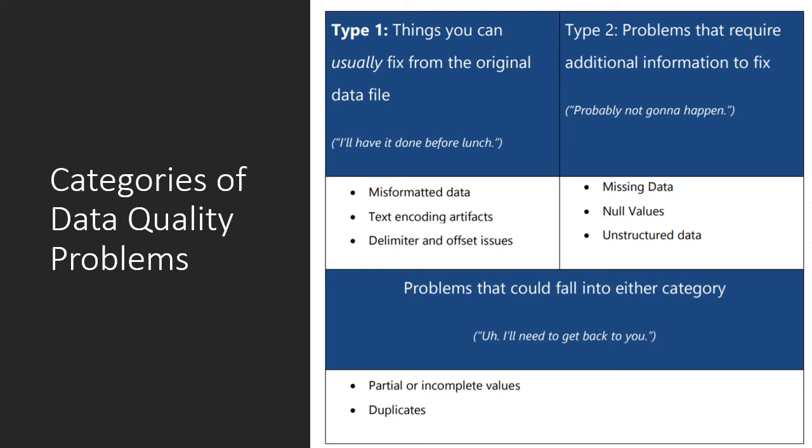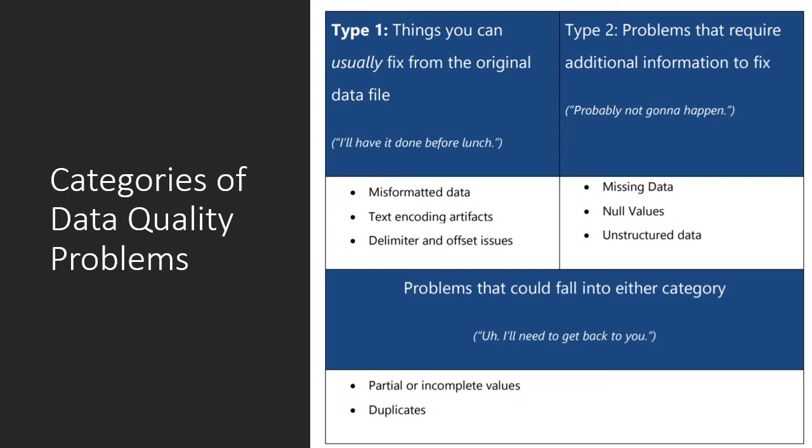Type 1 is the easiest one, which means that you can quickly fix the problem, like misformatted data, problems with text encoding artifacts, or delimiter or offset issues. This can be done quickly by formatting, changing the text encoding, removing delimiters and so on.